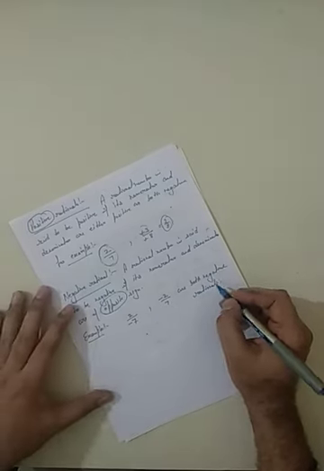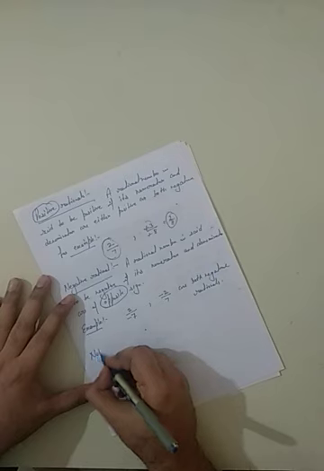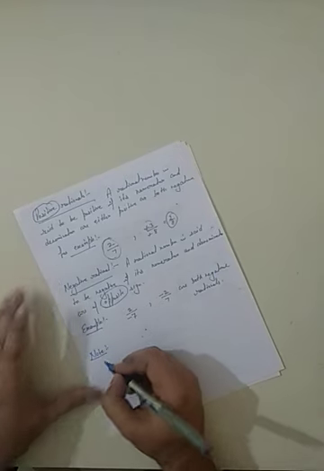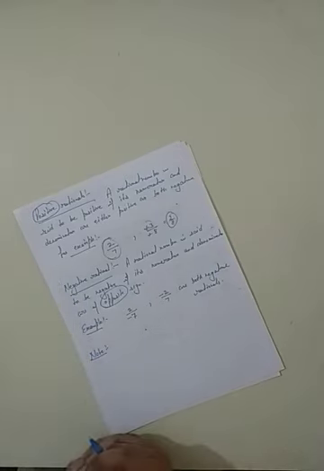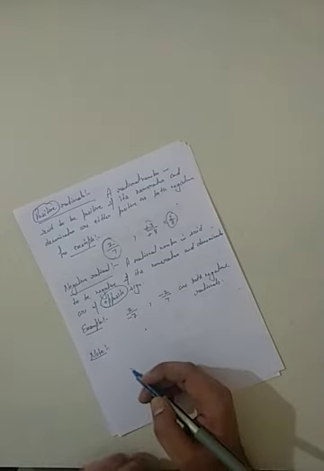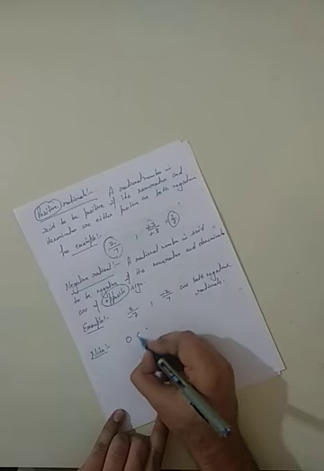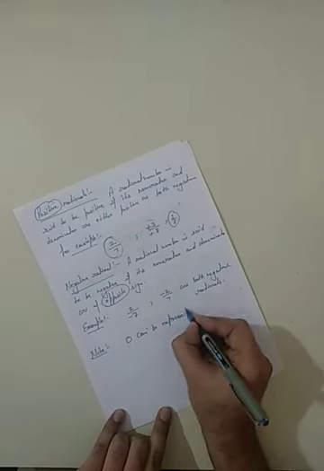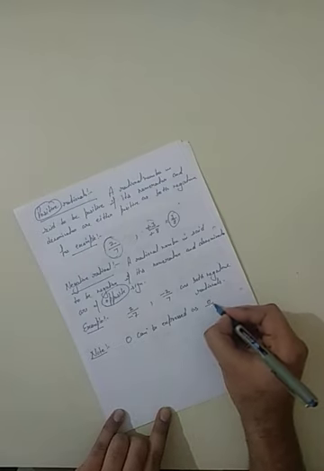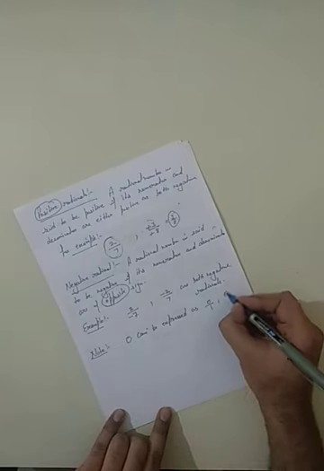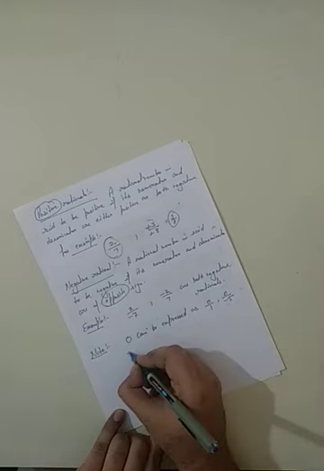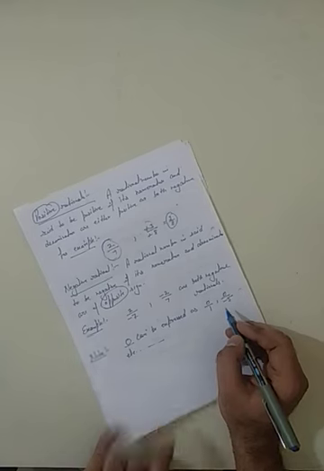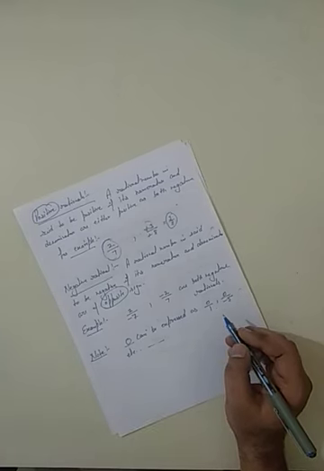Now after that, one note keep in your mind that as per the definition of rational number, this 0 can be expressed as 0 by 1 or 0 by minus 5, etc. So 0 is also a rational number.